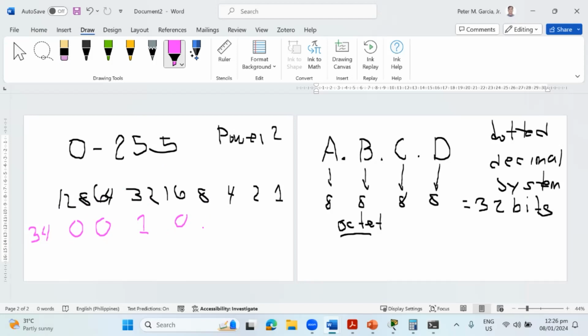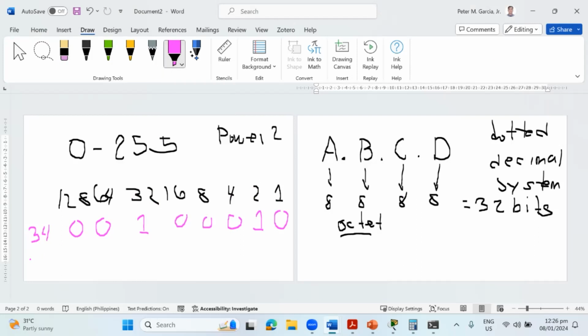Sobra, 0. 32 plus 4, 36, kailangan lang natin 34. So 0. So 32 plus 2, 34. So pwede si 2, so nagamit, 1. Plus 1 ba? 35, hindi na. So that is 0. So ganun lang kadali. Kapag gagamitin yung number, i-plot natin 1. Kapag hindi nagamit yung number, i-plot nyo lang 0.